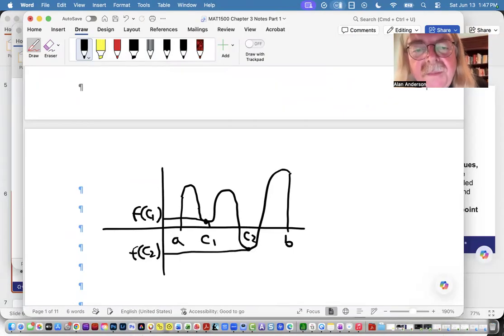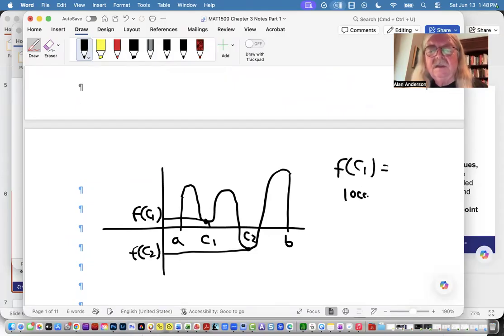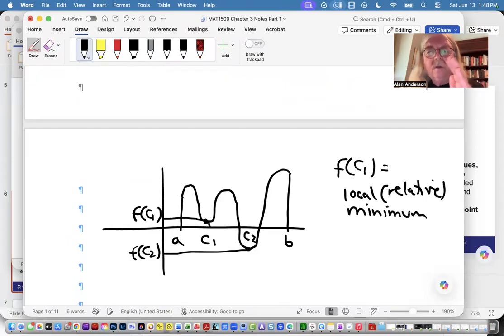So within this immediate area here, we can think of this one as what's called a local or relative minimum, because it's the smallest value, but only within that immediate, sometimes it's called neighborhood.